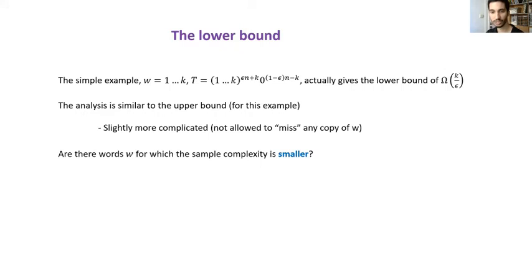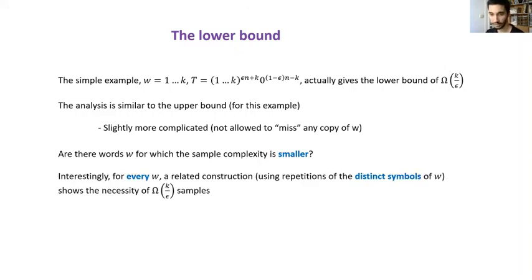An interesting question is whether there exist words W for which the sample complexity is smaller than k over epsilon. Interestingly, for every word W, we show a related construction. This time, the text does not contain repetitions of the entire W, but only repetitions of the distinct symbols of W. And this construction shows the necessity of k over epsilon samples for every W.